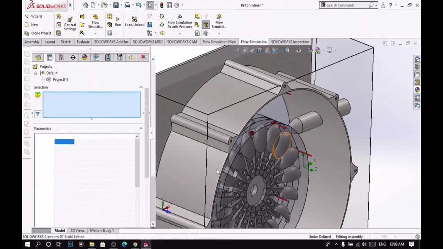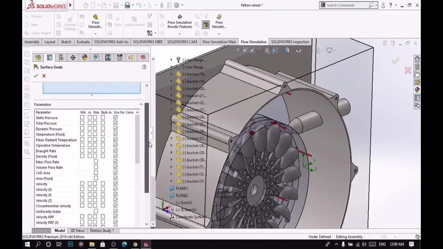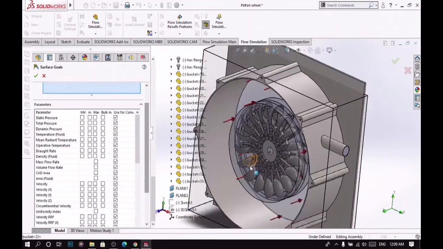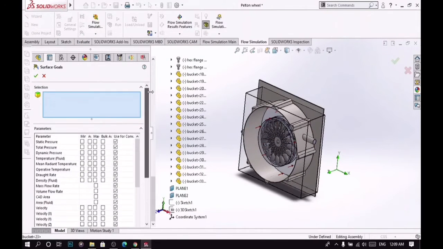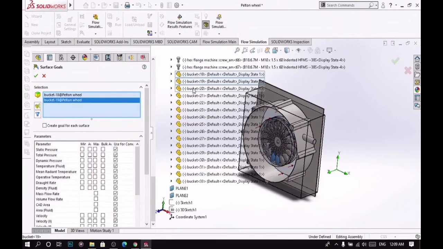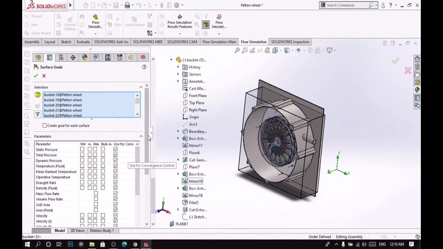And then next we must input the surface goals. So in here we must choose all the 16 buckets of our design. This process takes a while because of how many buckets our design has.